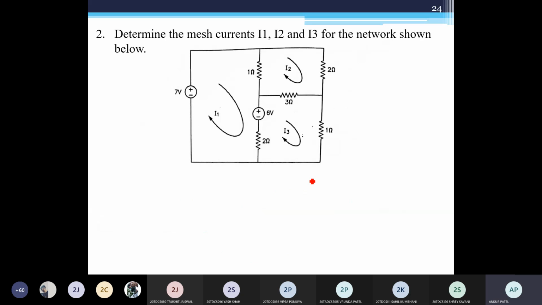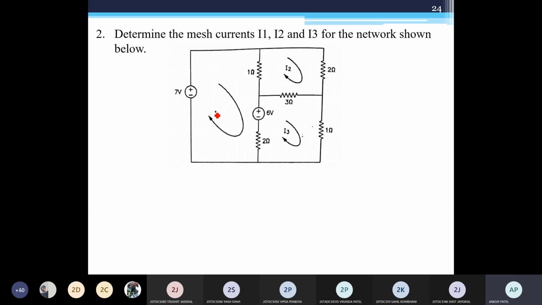This network is given. We have three unknowns, which means we have to determine three currents I1, I2, I3 by mesh analysis. Just get the three equations and convert them into the Cramer rule form, means into the matrix. Find the overall determinant, then D1, D2, D3, or delta R1, delta R2, delta R3, and then find I1, I2, I3.